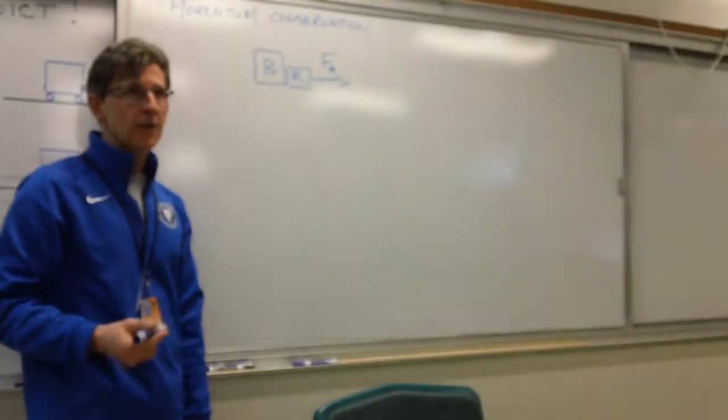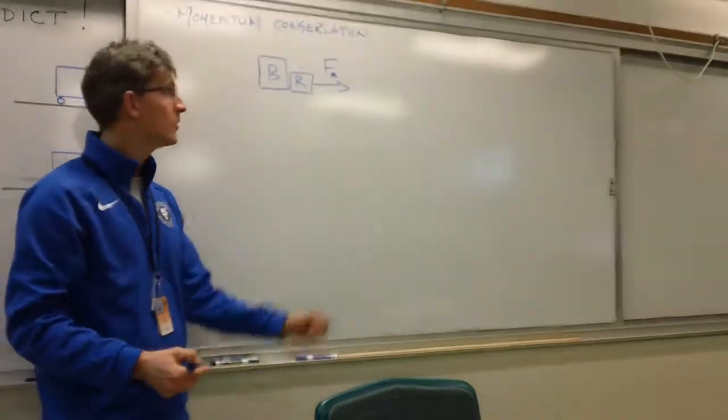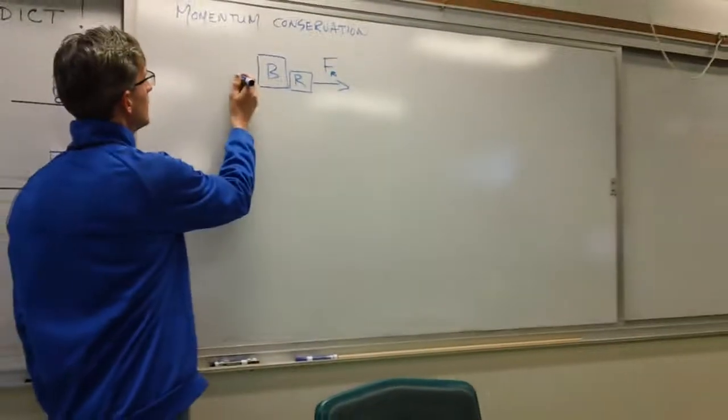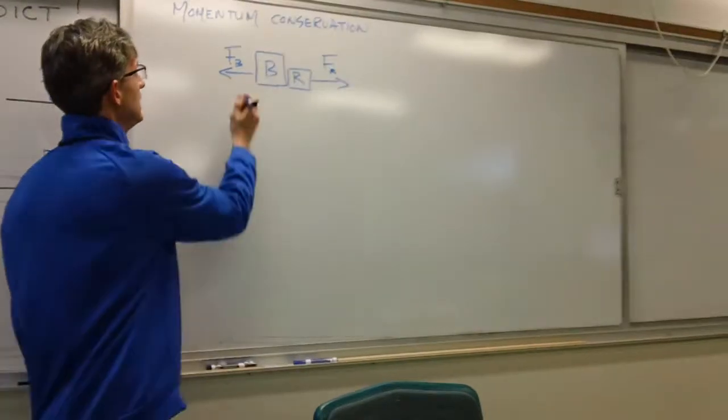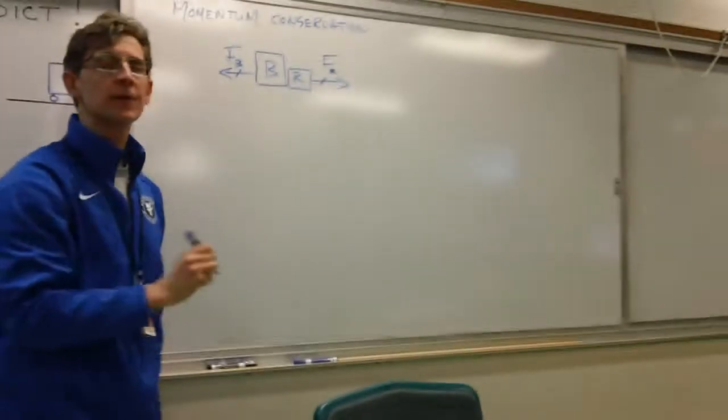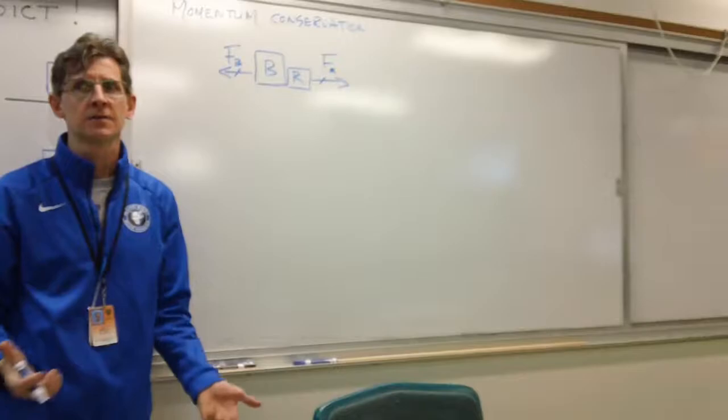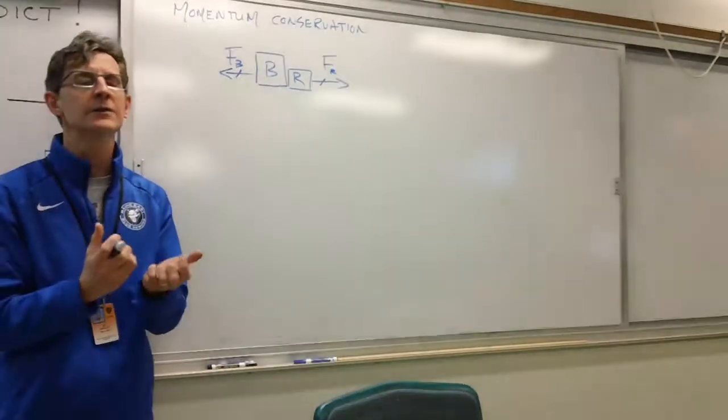By Newton's third law, the law of action and reaction, we also know that red pushes back on blue with a force that we'll call F_B. Those forces are equal and opposite, so you can put tick marks there, because that's how Newton's third law works. They are interacting through the spring.